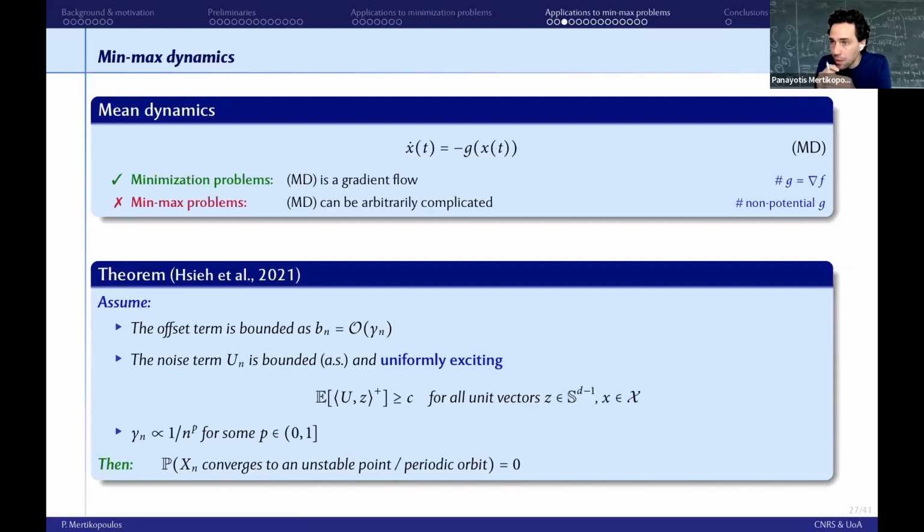All right. And you can also extend this to more general periodic orbits that may arise in min-max settings. But for now, forget this part. The important thing to keep in mind is that even in a min-max setting, the probability of converging to an unstable, to a non-local min-max point is 0.